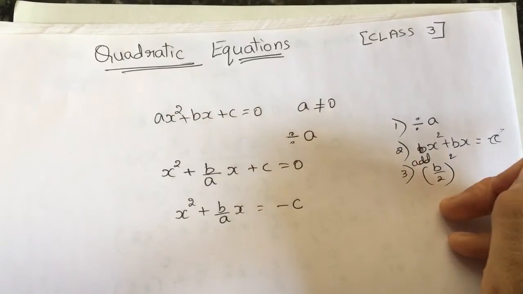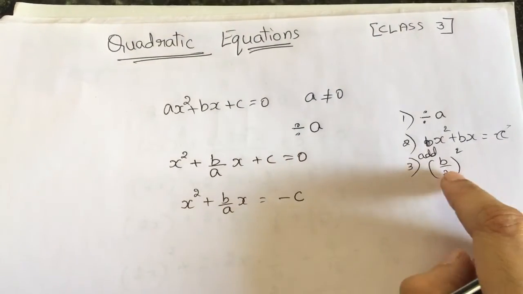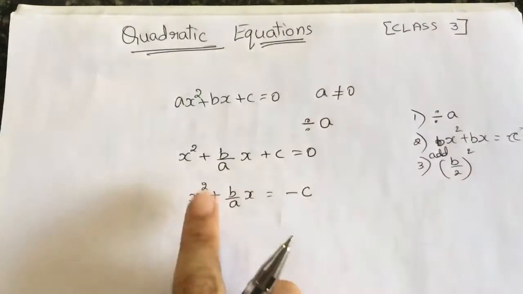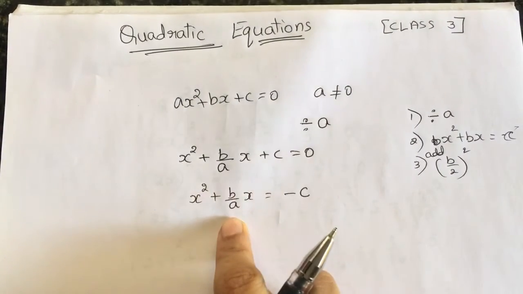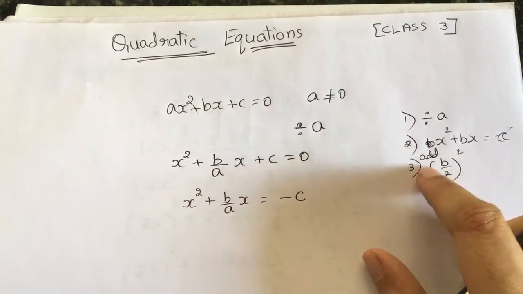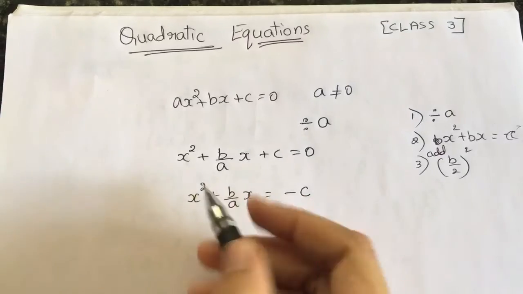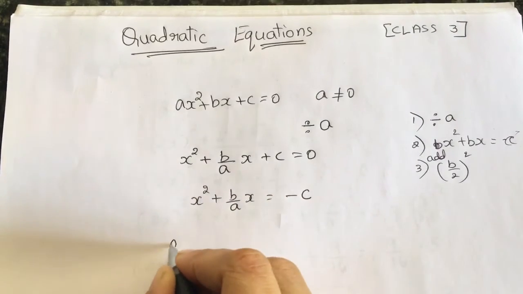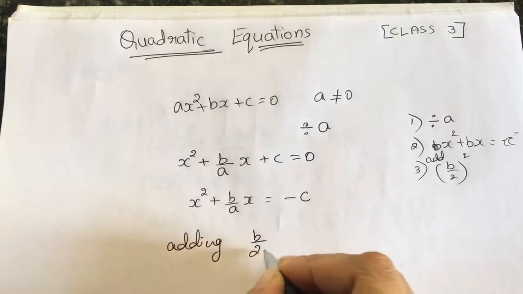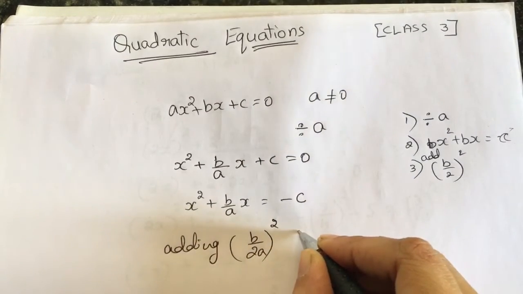This was the method I explained in my last video, so same thing I'm doing. I'm adding this just to make it a perfect square. In this case my b is b by a, right? So b by 2a whole square I need to add to both sides.